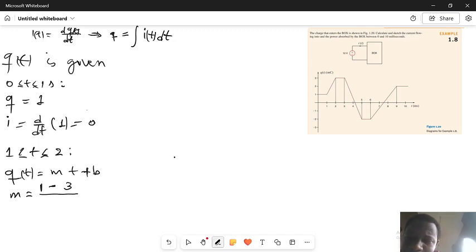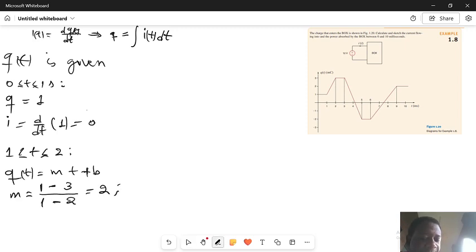The time at the first point was 1, and the time at the second point is 2. If I calculate, I get a value of 2.